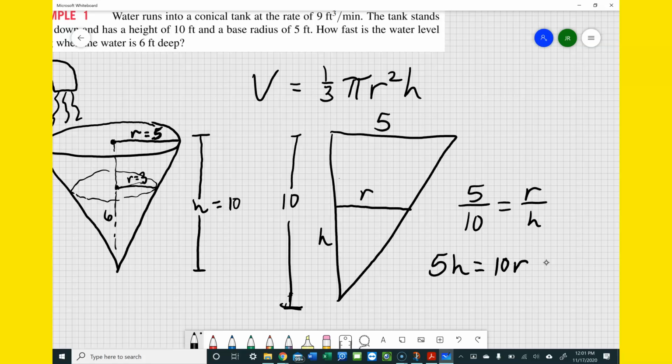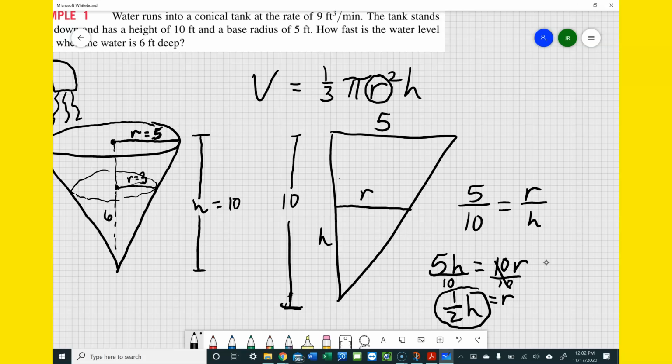And I believe I want to replace this r with something to do with h. So I'm going to solve for r. So r equals, I'm going to divide both sides by 10. 5/10 h, reduce the 5 over 10. r is equal to 1/2 h, or h over 2, if you wanted to put h over 2, that's fine as well.